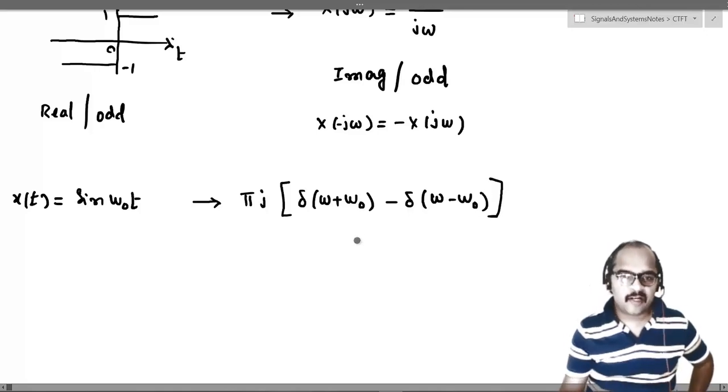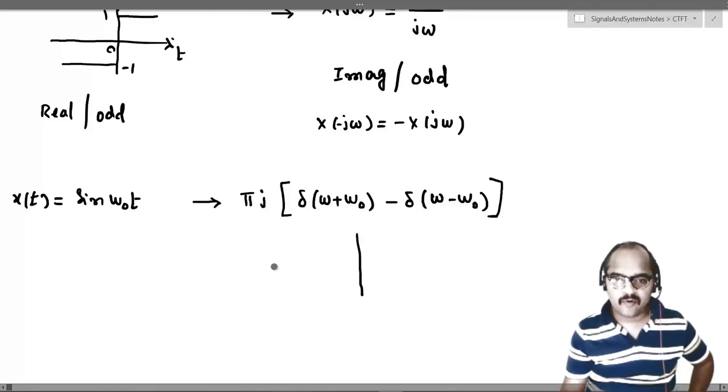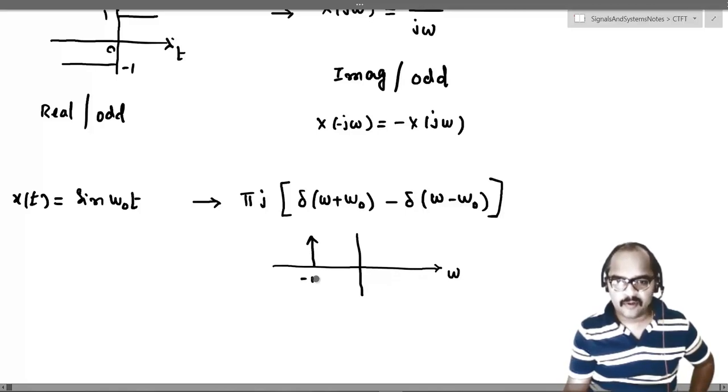If you try to plot the Fourier transform, how does that look? You have a Dirac delta at minus omega naught with the strength pi j, and you have another Dirac delta at omega naught with the strength minus pi j.